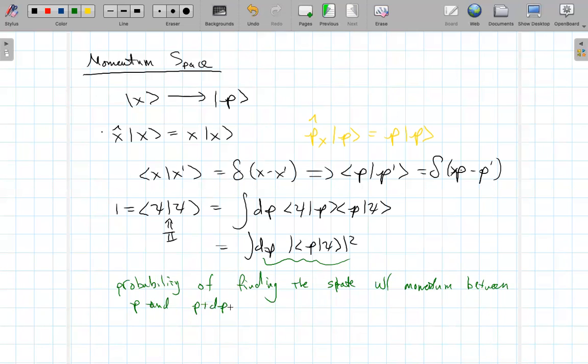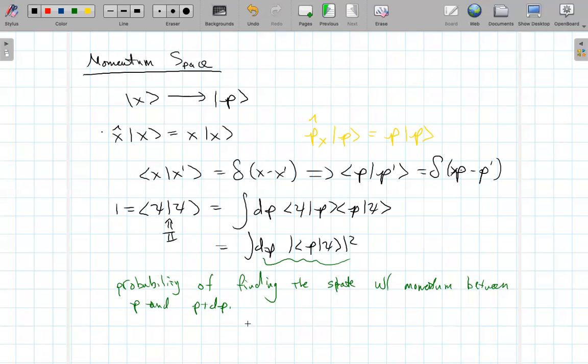So all that's what this thing means. So here again, dP times the modulus squared of the inner product between P and psi is simply equal to the probability of finding the particle with the momentum between P and P plus dP, which means by integrating over the entire space, this thing has to have a probability of 1. Okay.